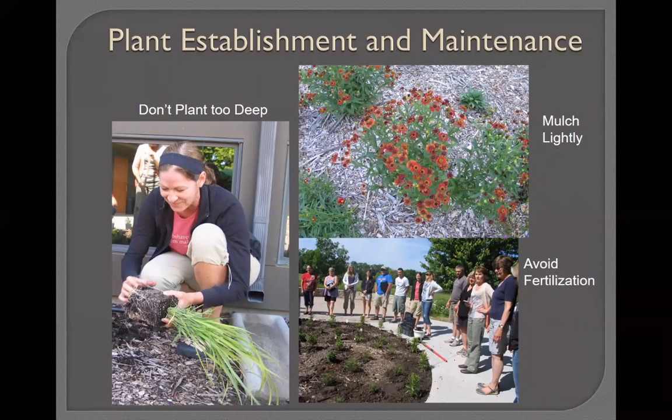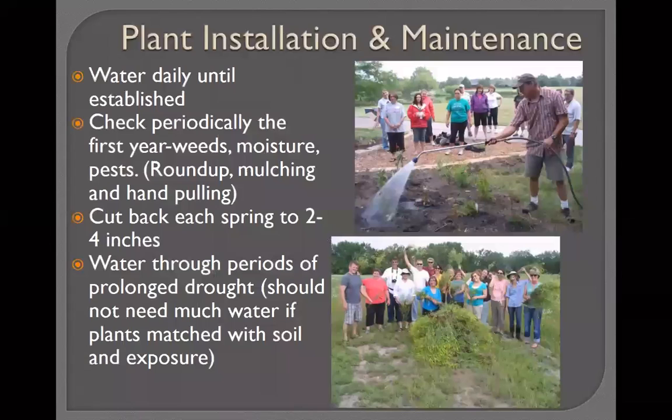So avoid fertilization if at all possible. And then water daily until established. And I like to use a hand water wand. Then I can count off 1,001, 1,002 for each plant. I know that they're getting watered.